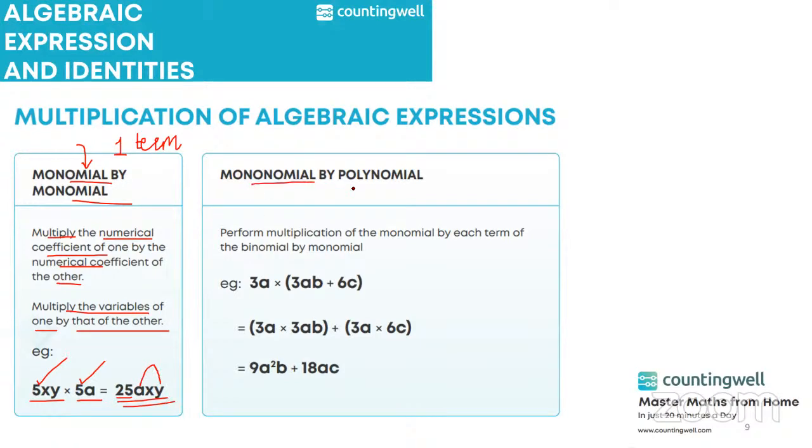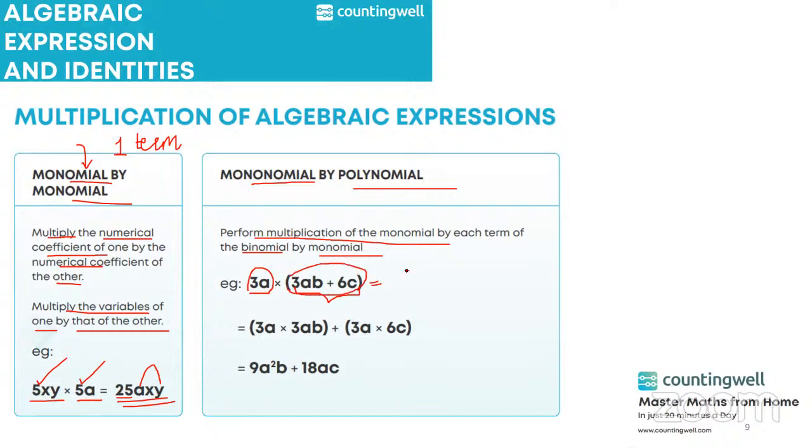Let us multiply a monomial by a polynomial. Here you can see 3a is a monomial because this algebraic expression has only one term, and 3ab plus 6c is a polynomial. Here we have to multiply the monomial by each term of the second bracket.